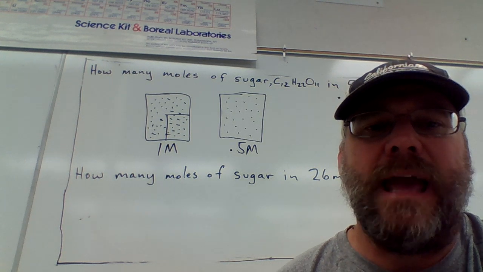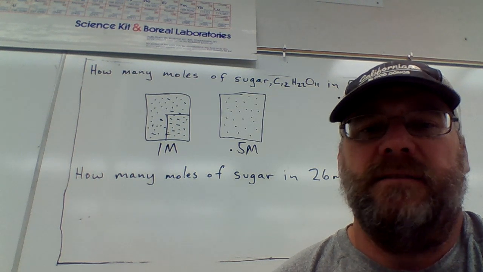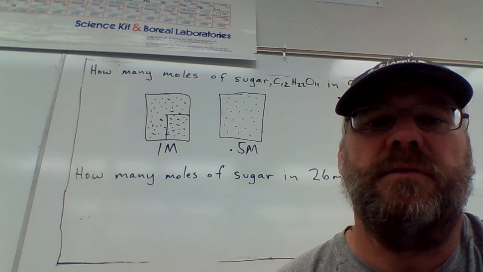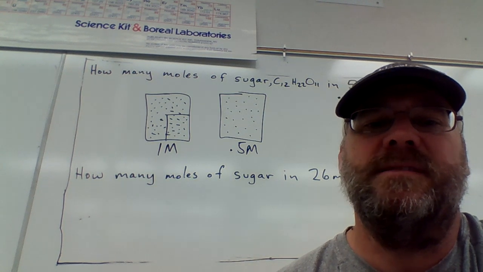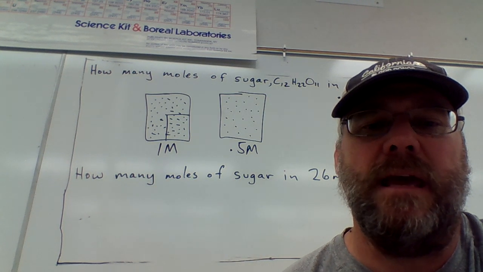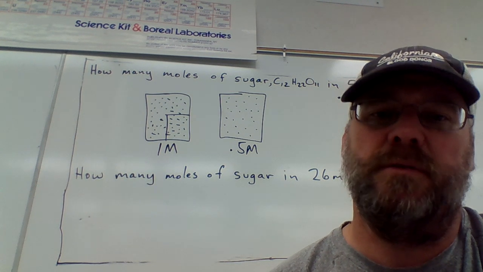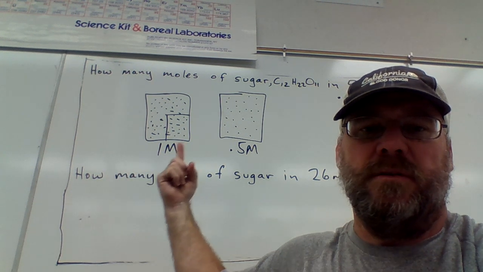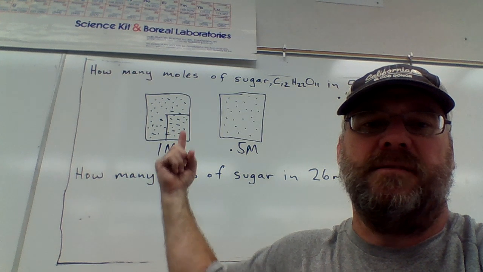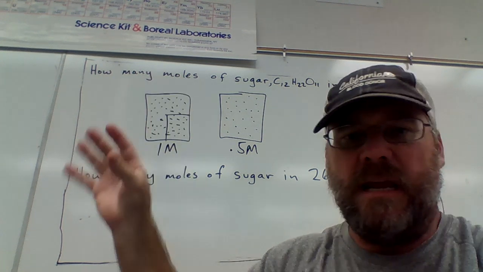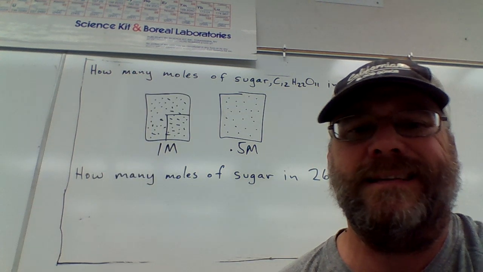But if we were to look at it molecularly, down to the particles themselves, essentially what we'd see, if we had something like a 1 molar solution, is that the 1 molar solution might look something like this. It's got a bunch of little tiny particles all over the place in there.